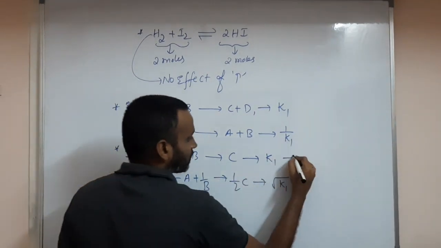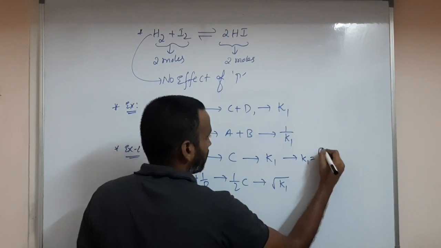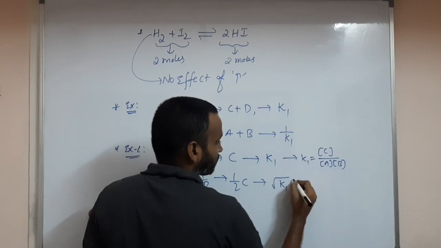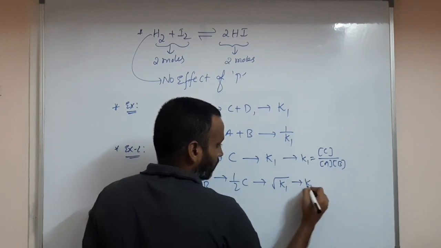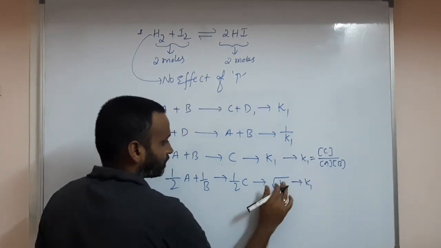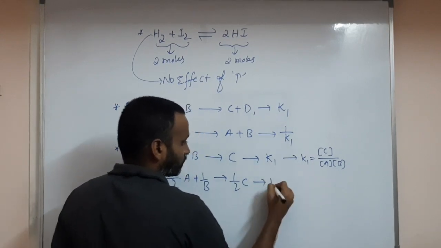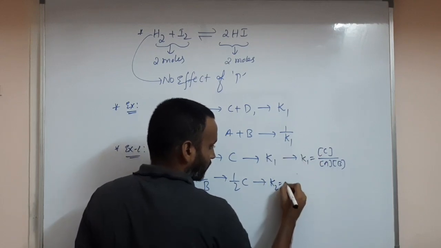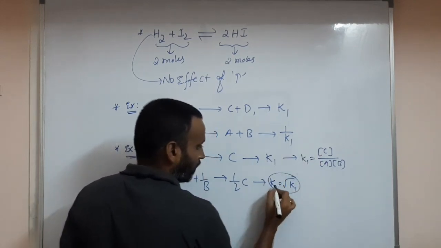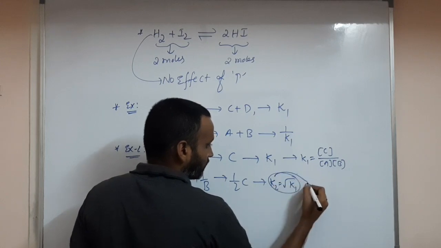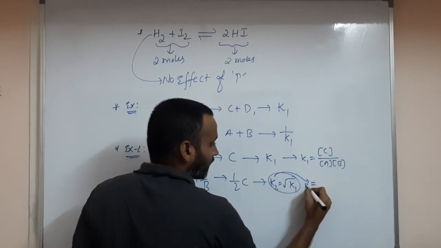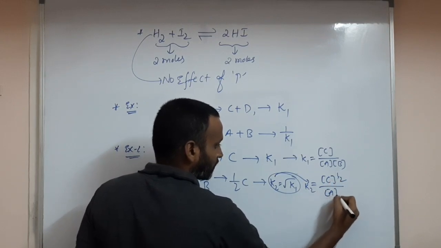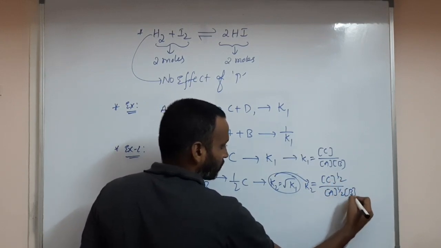For the first reaction, K1 is equal to the concentration of C divided by the concentration of A into the concentration of B. For the halved reaction, this is K2. K2 is equal to the concentration of C to the power half, divided by the concentration of A to the power half and the concentration of B to the power half.